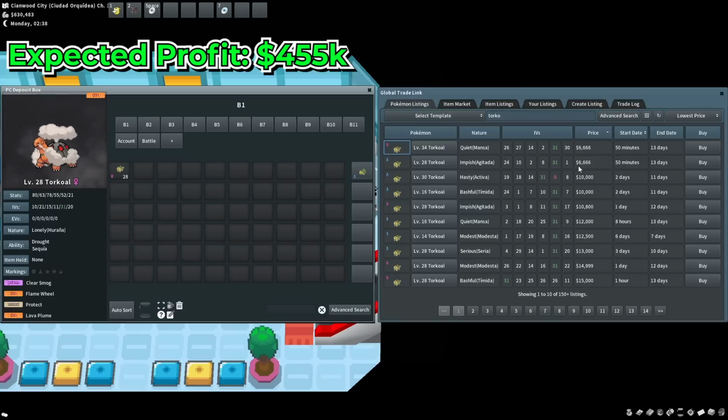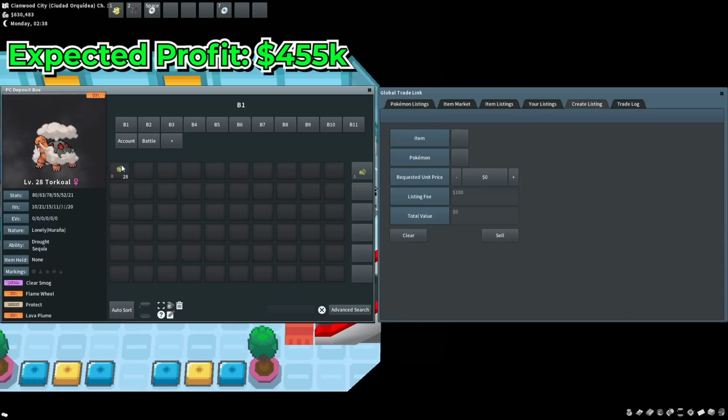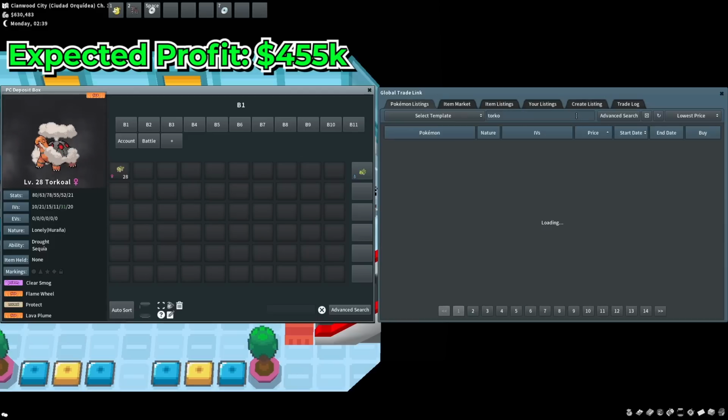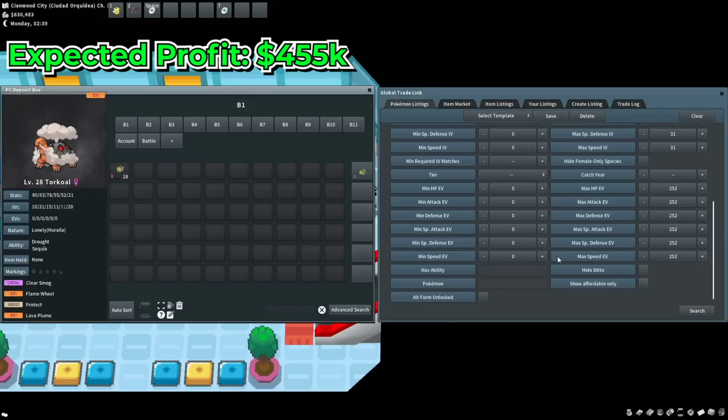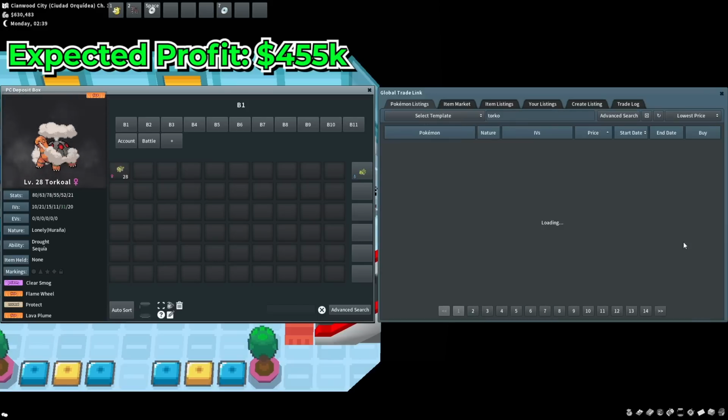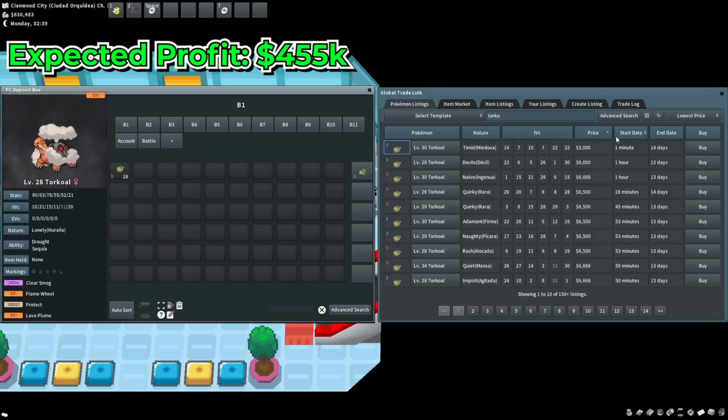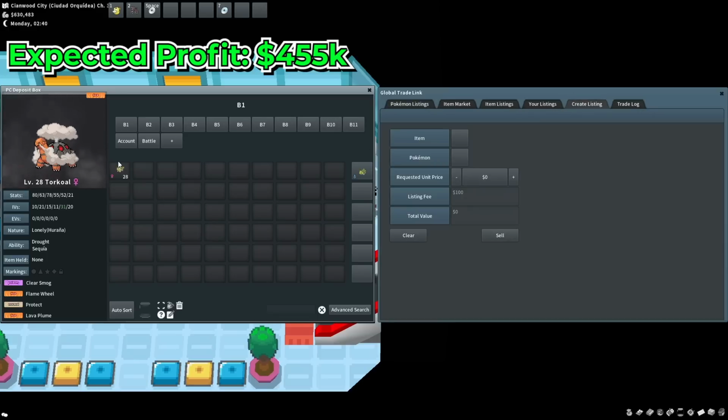These ones are flips as well, but I'm not going to do it, and I'll list ours at 10k. It also has drought, so let's see if we can get a higher price for it. Instead of doing this, we'll put has ability drought. And this one's a flip, and everything you can see is a flip. So I'll put ours at 10.